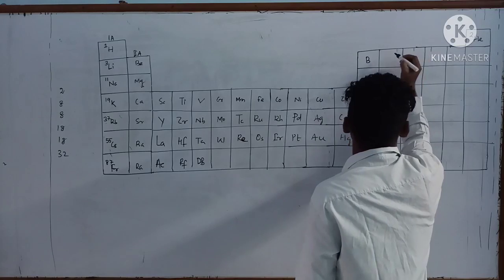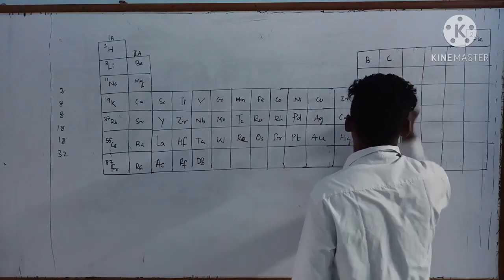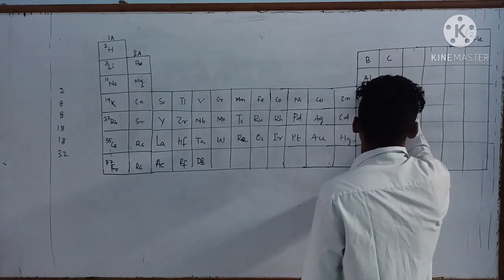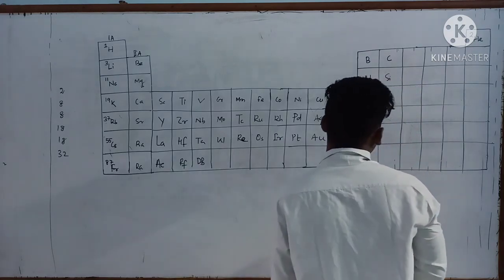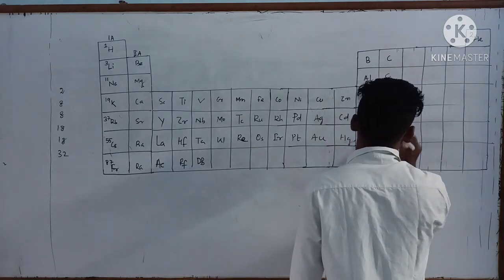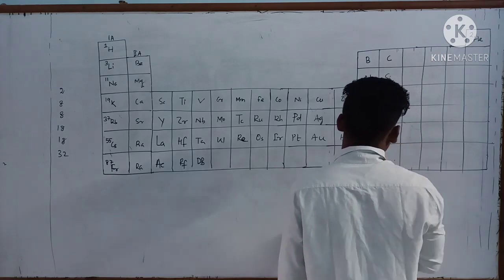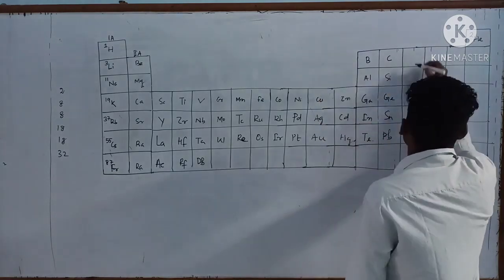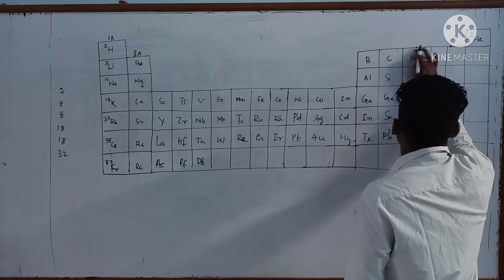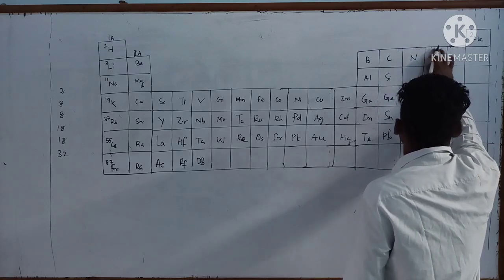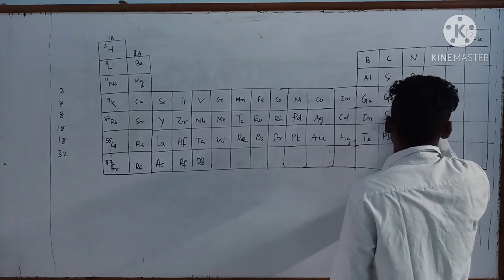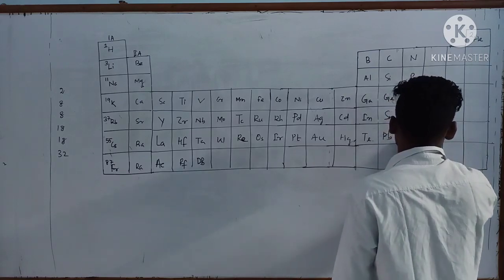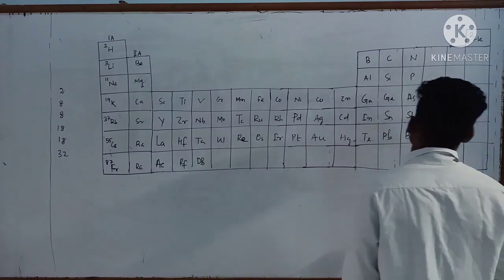Next, the carbon family starts: carbon, silicon, germanium, tin, lead. Next, the nitrogen family: nitrogen, phosphorus, arsenic, antimony, bismuth.